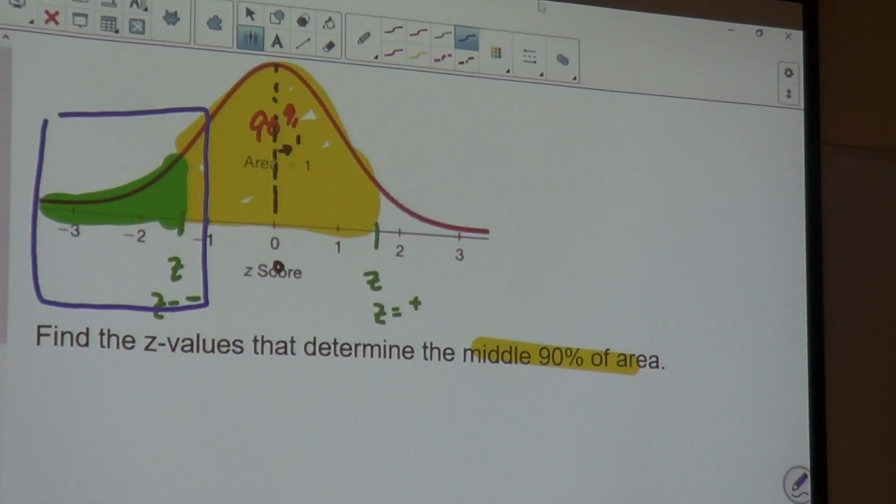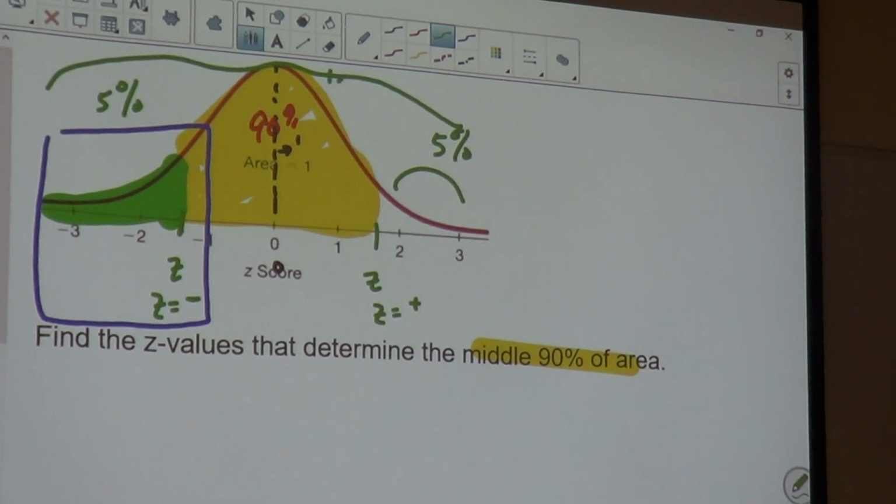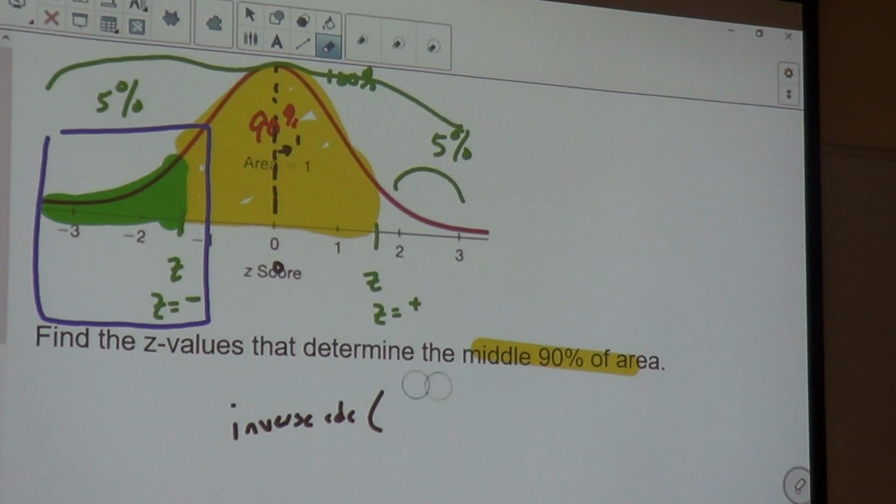So instead of doing 90, we do 5. Correct. Because if this is 5% and this is 5%, that's still going to give me my 100%. 90 plus 5 plus 5. So if I do inverse CDF, what would my mean be, or my area be?